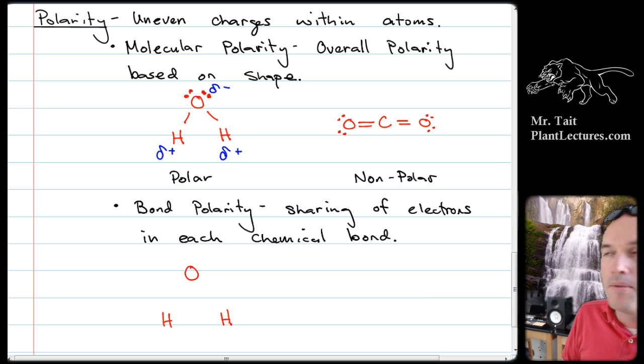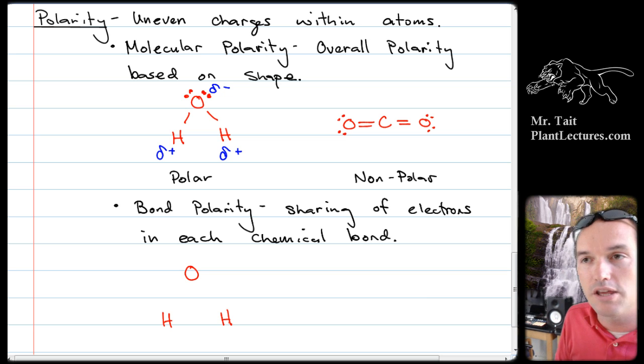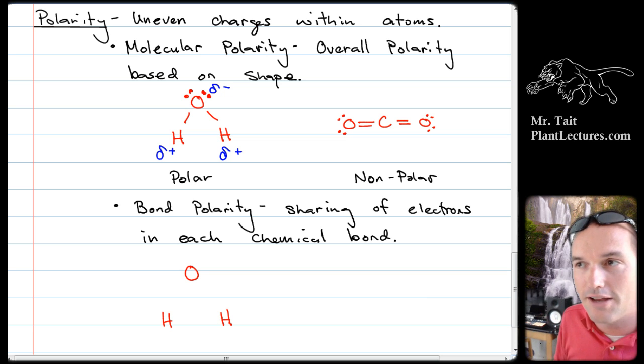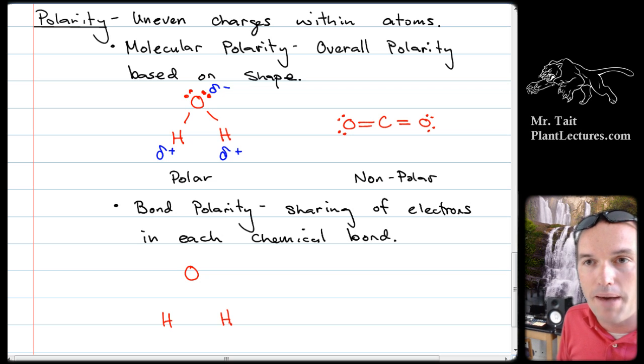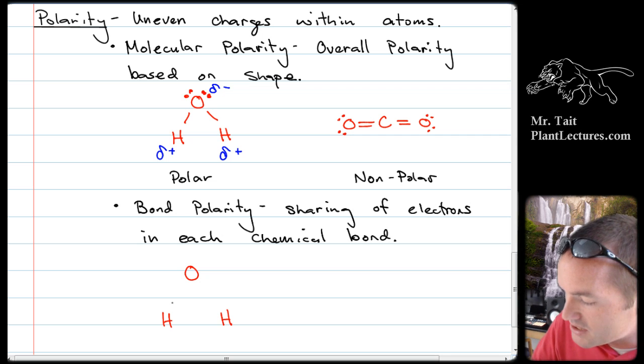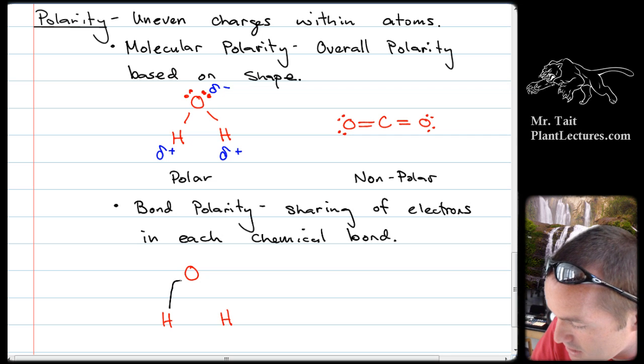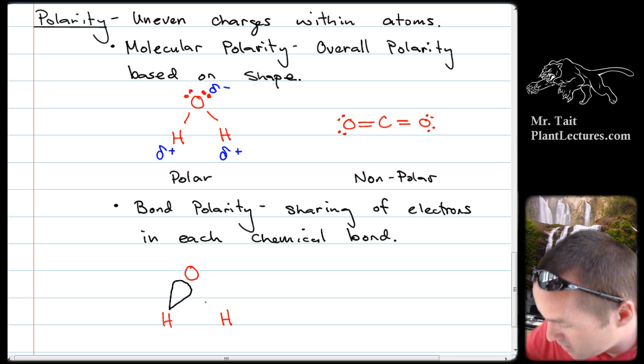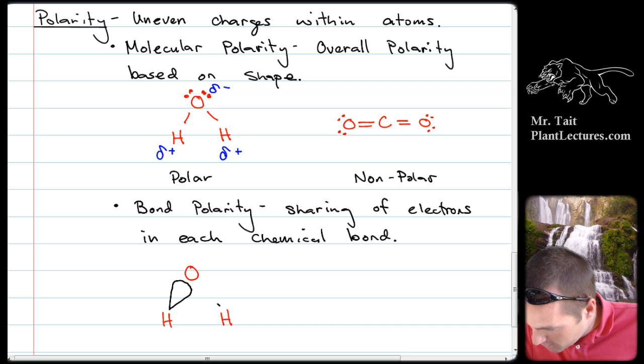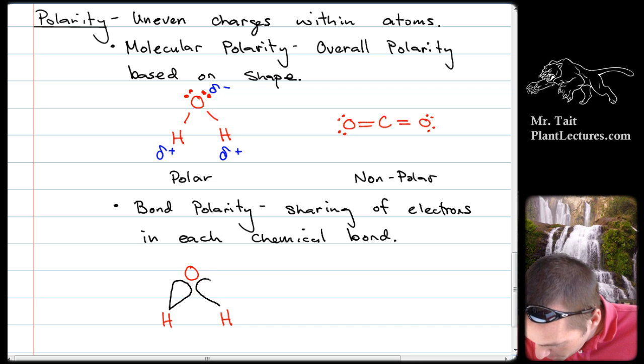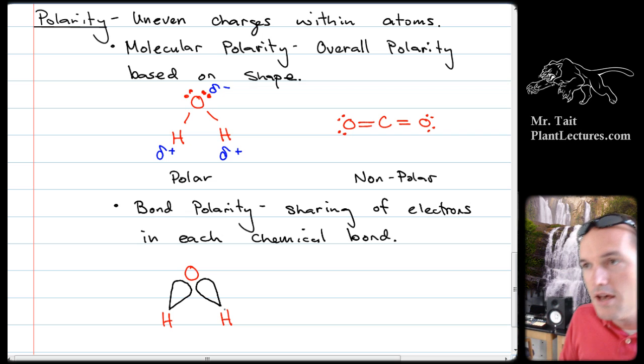Oxygen happens to be really, really good at attracting electrons. Hydrogen happens to be kind of bad at it. So if we were going to draw their shared orbitals here, they would look like this.